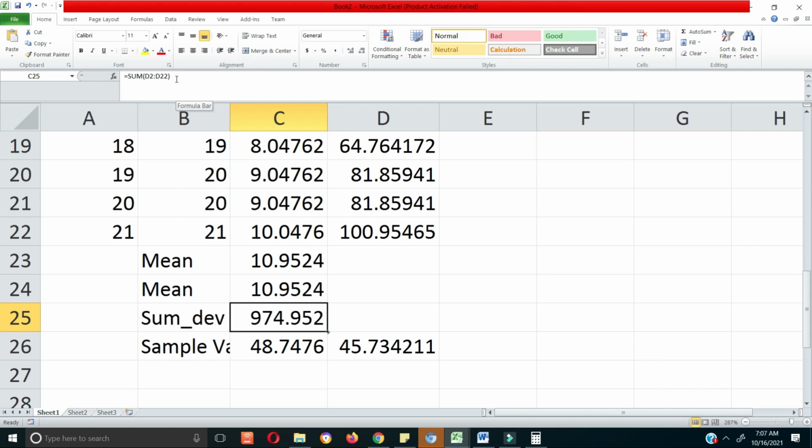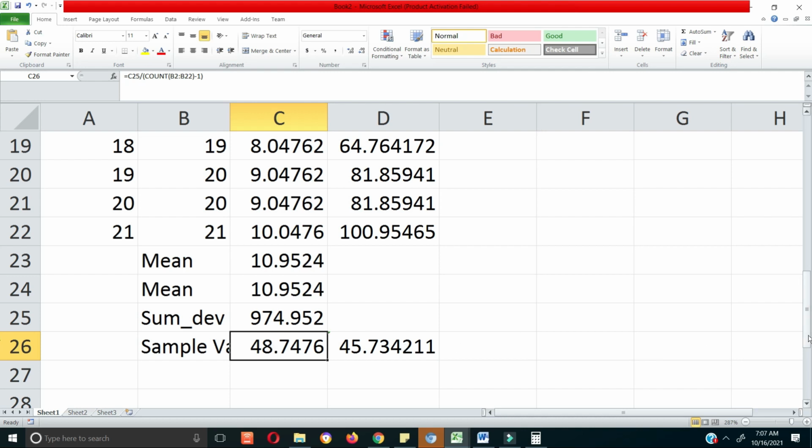Then the sum of the deviations should be... sample variance should be C25, the sum of the deviations. The sum of the deviations is D2 to D22, and count B2 to B22.